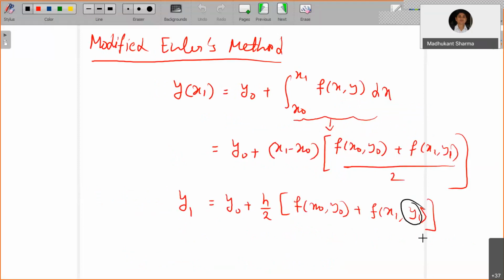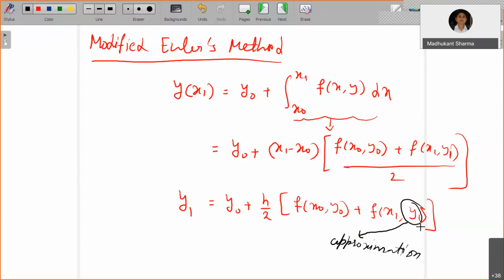Now what you can do is, instead of using y1 on the right side, you can replace it by an approximation. You take an approximate value of y1, feed it here, and that will give you a new y1. So you can predict the value y1.